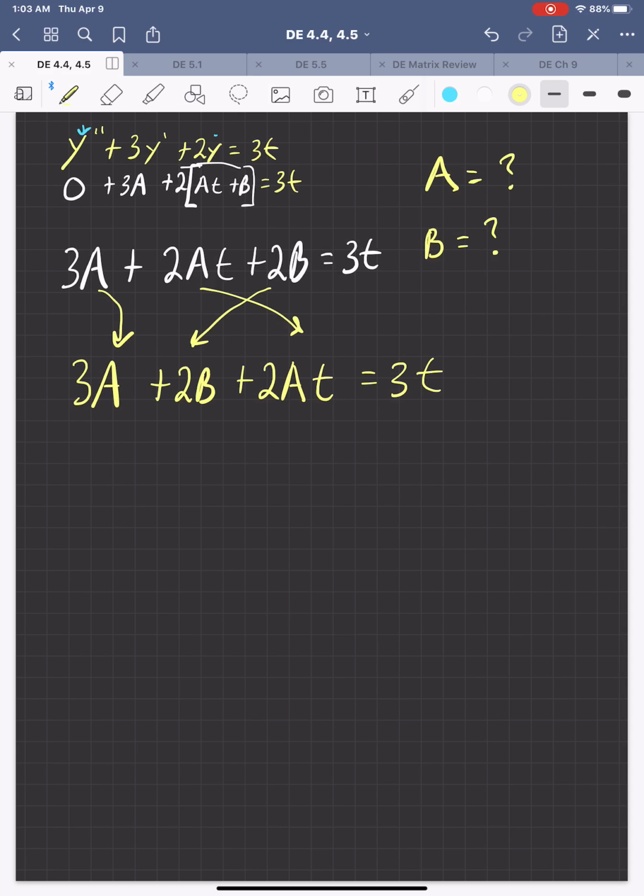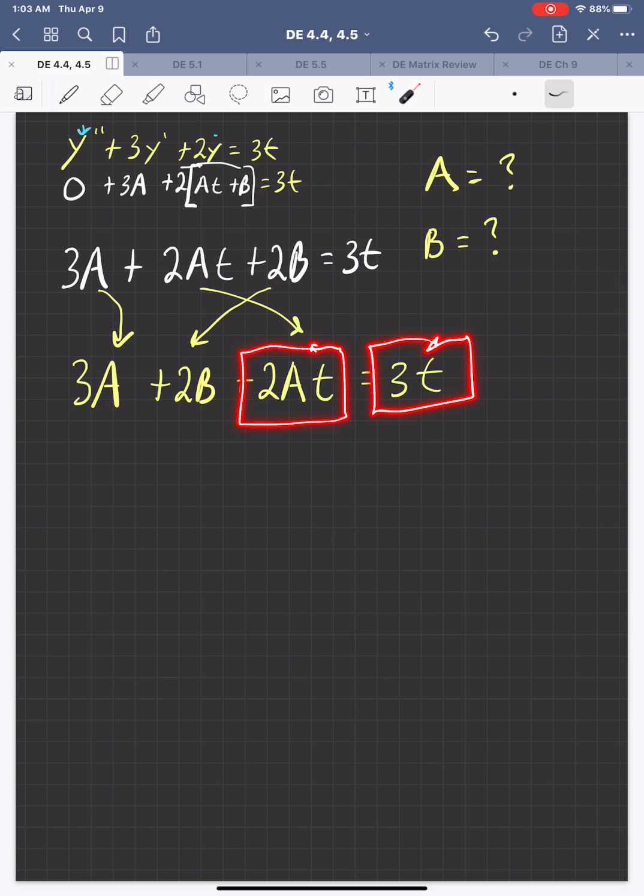And now, what do we want? What must happen here? Well, first let's address, since this is the only term that has a t in it, and notice that our solution has a t in it, the first question you should ask is, what should a be in order to make that work?